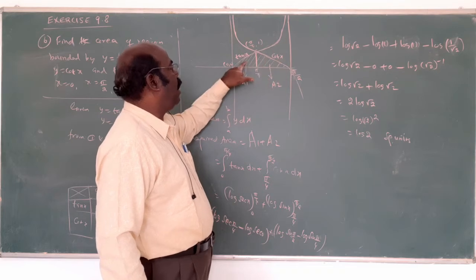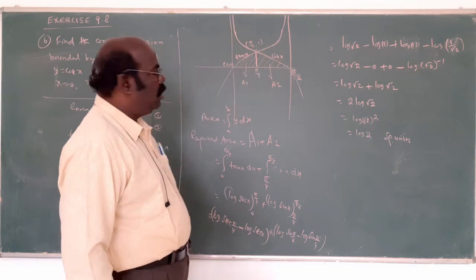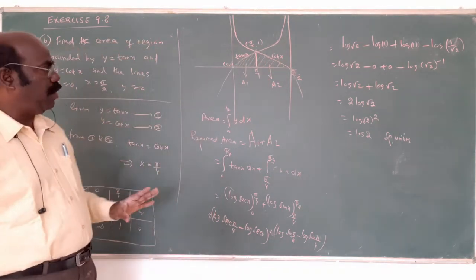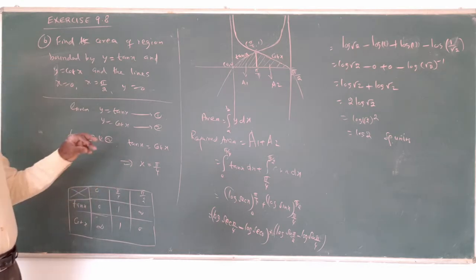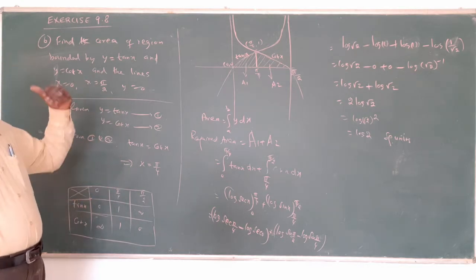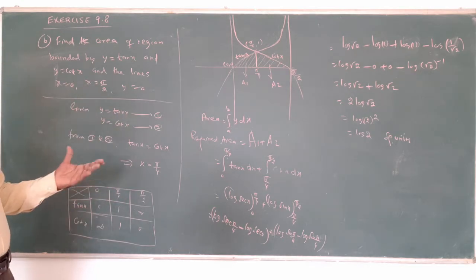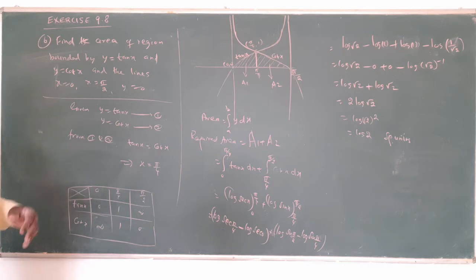So area is A1 plus A2, and we are not using the y1 minus y2 formula. Mind it: if you have the diagram, you guess the points and plot them, then it is easy for you.